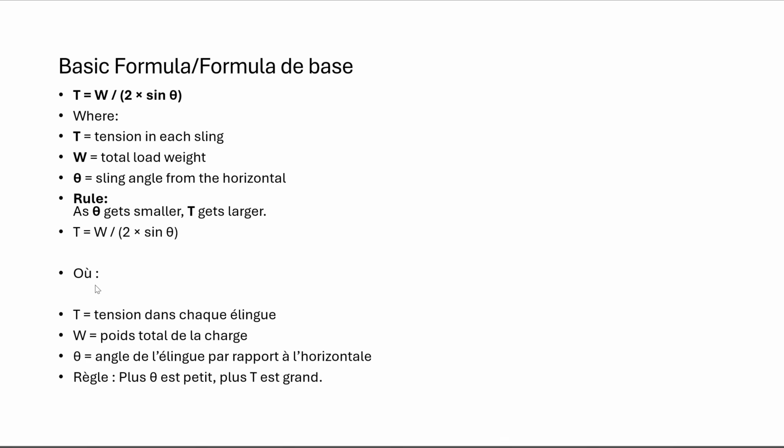Rule: as theta gets smaller, T gets larger. T equals W divided by 2 times sin theta. As the angle gets smaller, the tension gets larger.